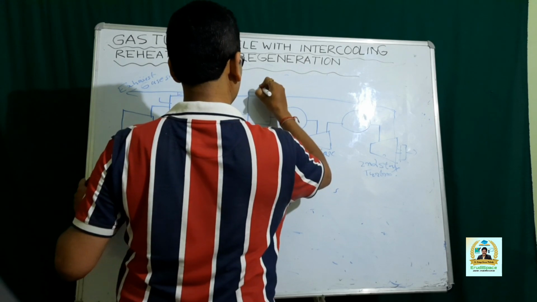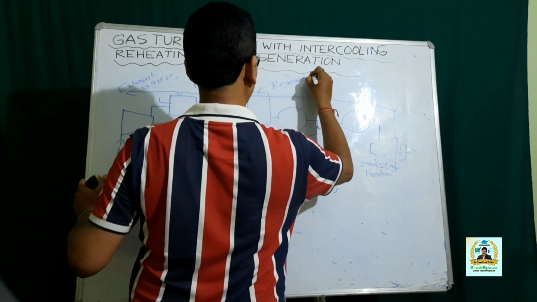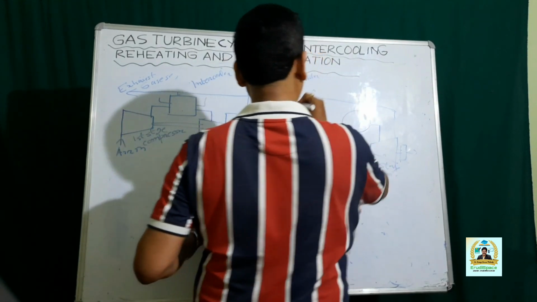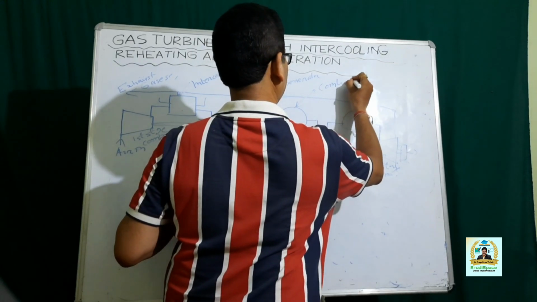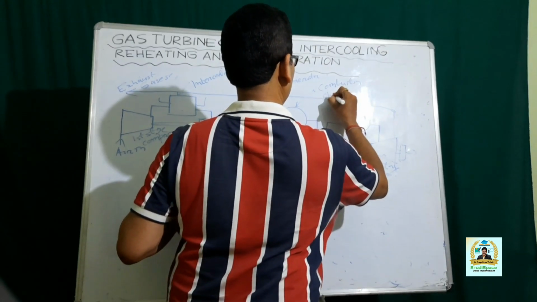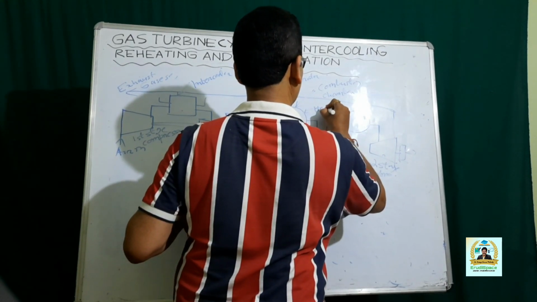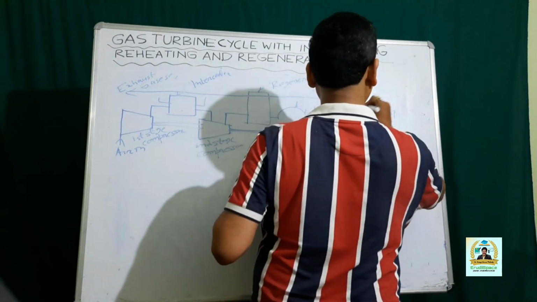This one is your regenerator. This one is your combustion chamber, where heat and fuel are added. This one is your reheater.